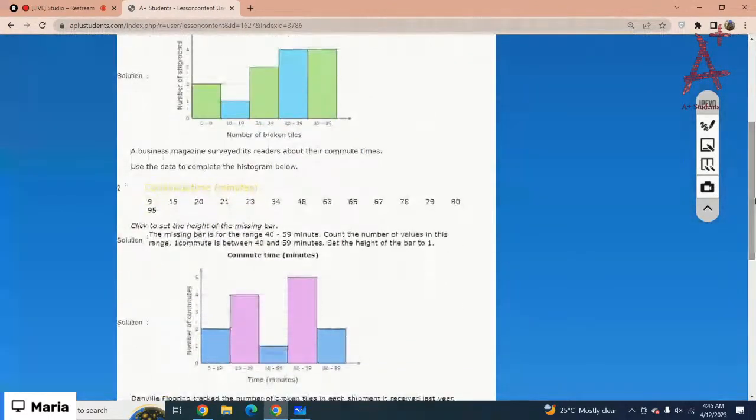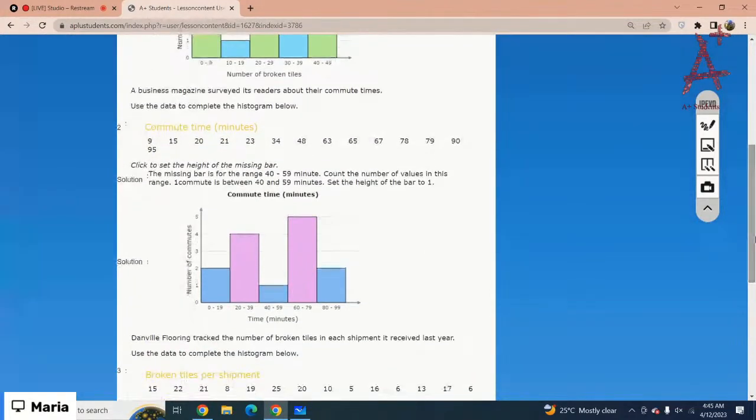A business magazine surveyed its readers about their commute times. Use the data to complete the histogram below. Here the missing histogram bar is 40 to 59.